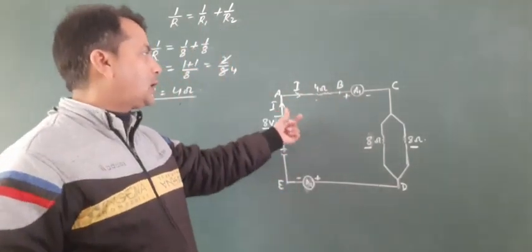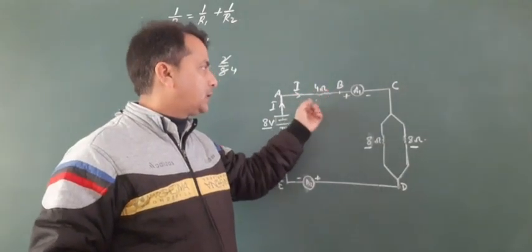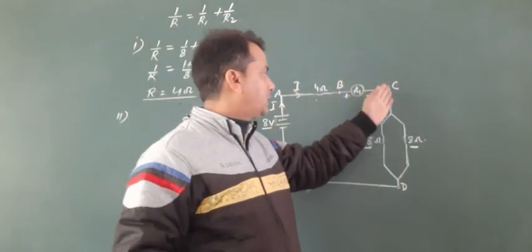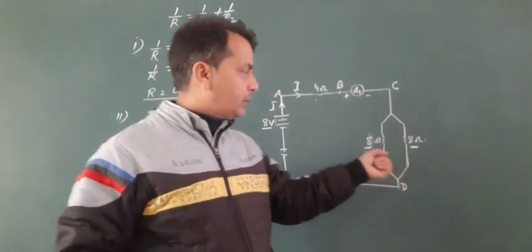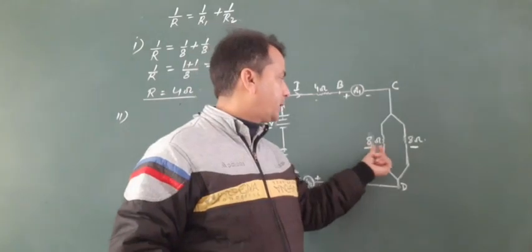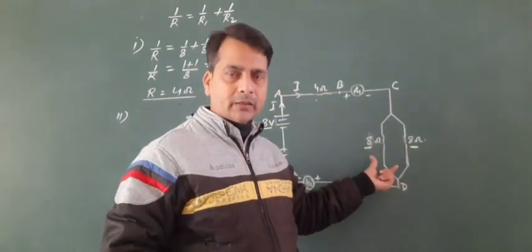Then the total net current flows across the 4 ohms resistor, and it is divided or distributed between the 8 ohms and 8 ohms, because they are connected in parallel combination.